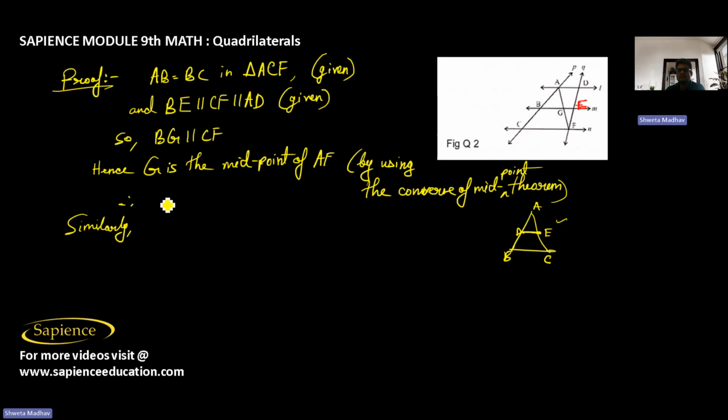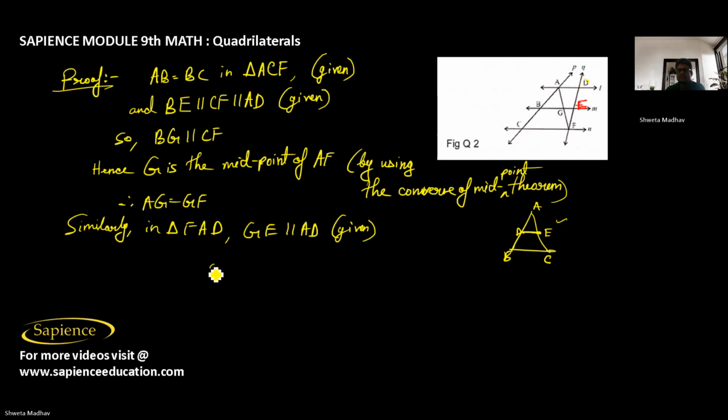Similarly, therefore we can say that AG equals GF. And similarly, in triangle FAD, GE is parallel to AD. Hence, it is given that BE is parallel to AD, and G is the midpoint of AF, which is proved above.